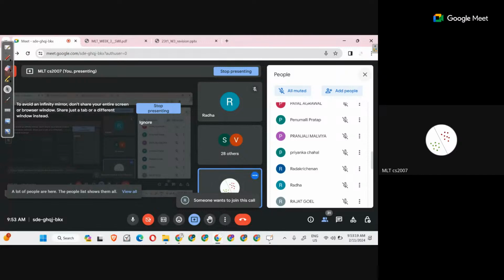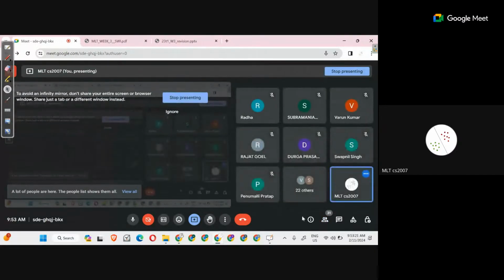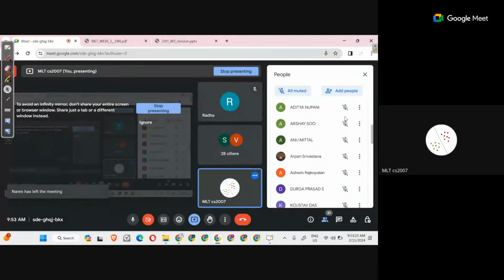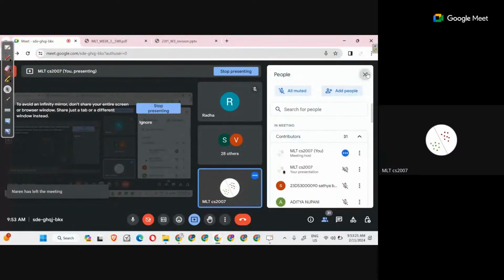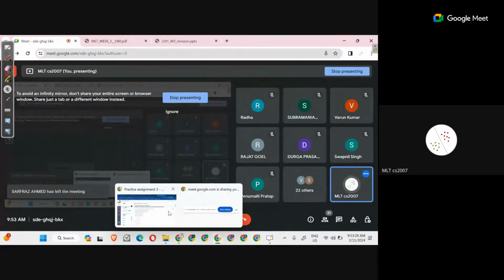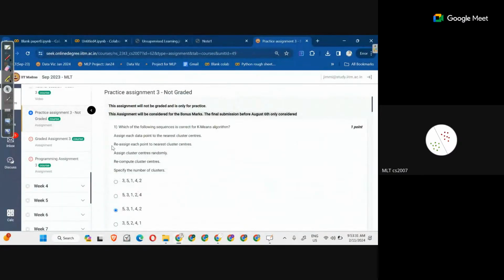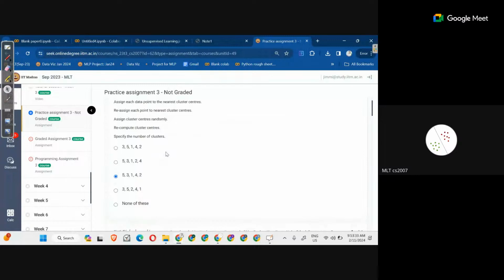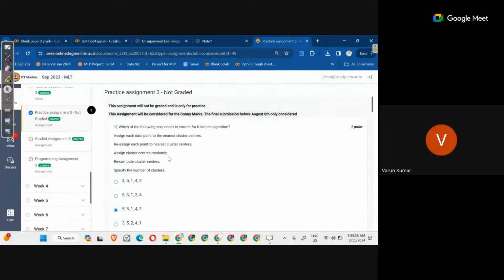What would be the correct sequence? So first, specify the number of clusters, and then assign cluster centers randomly.